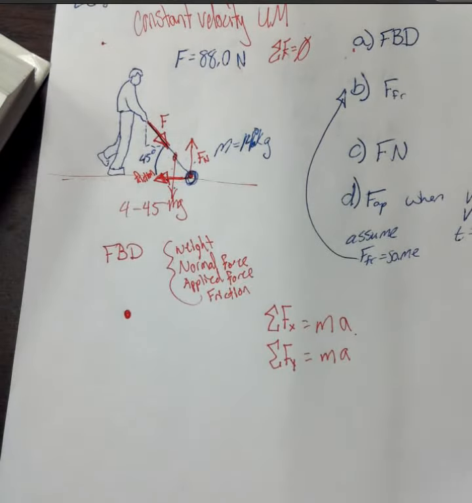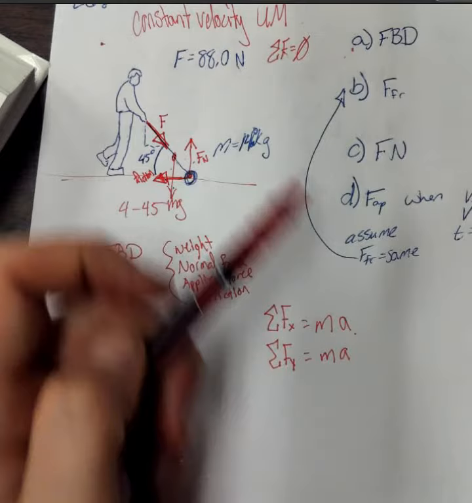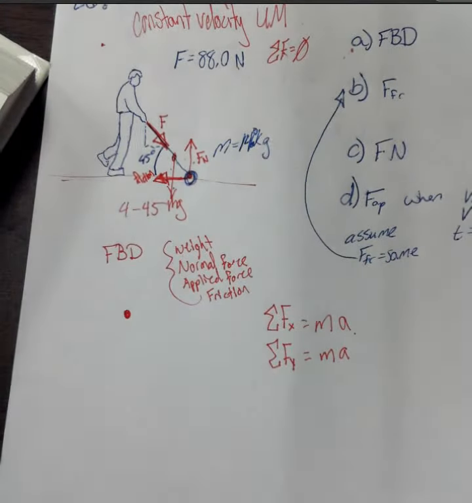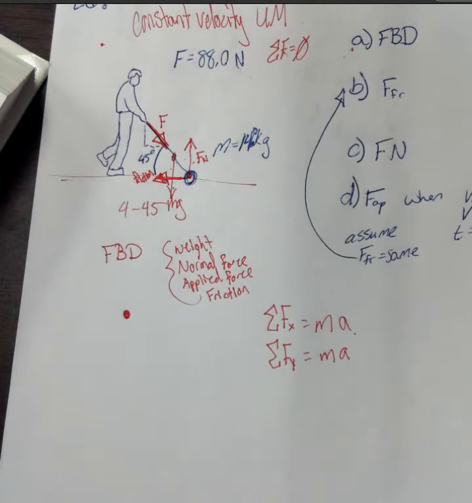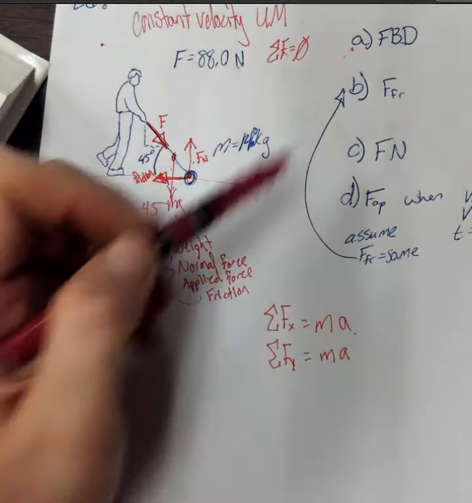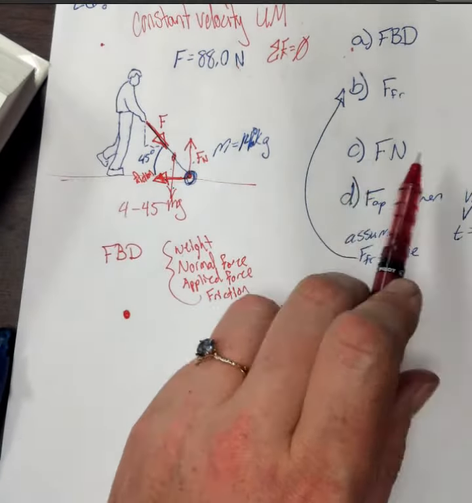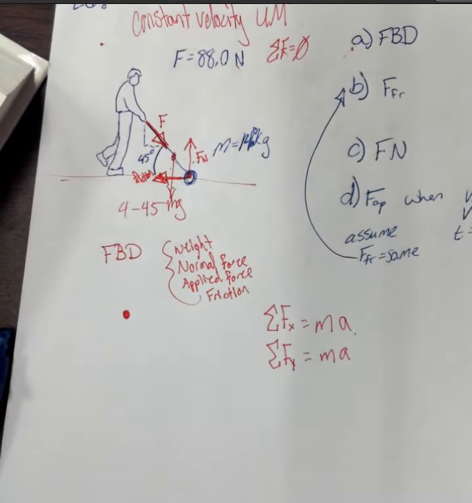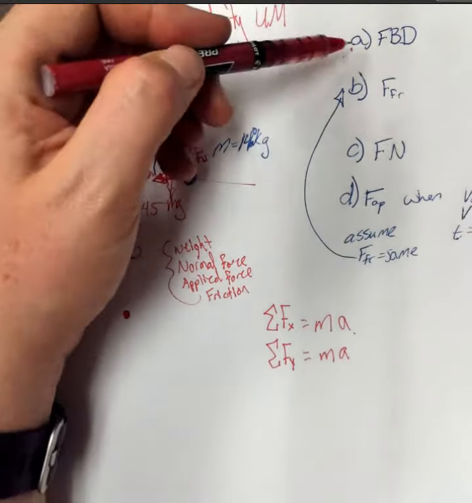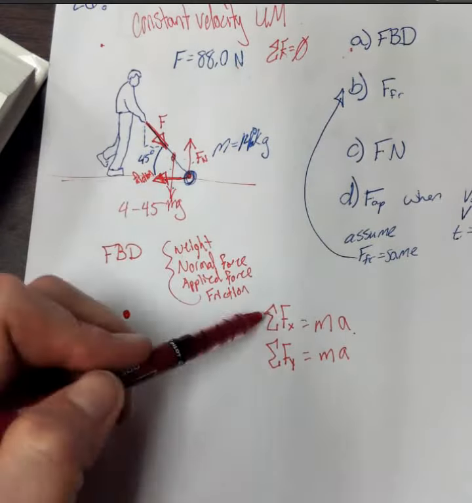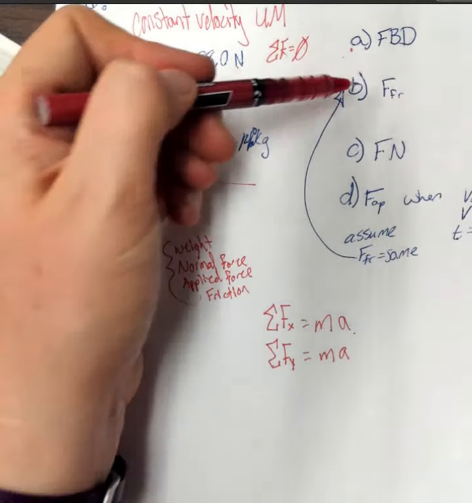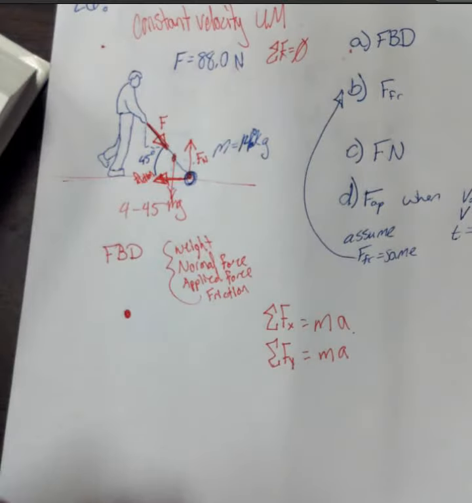Once you have all of this done, it should be no problem for you to solve for B, the force of friction, by resolving your net forces. Once you've done that, after you solve for friction, it should be just a matter of studying your net forces to allow you to solve for the normal force, which is part C. Once you've solved your free body diagram, resolved your forces in the x and the y direction, solved for the force of friction, solved for the normal force, you should be able to apply what you know to a different situation.